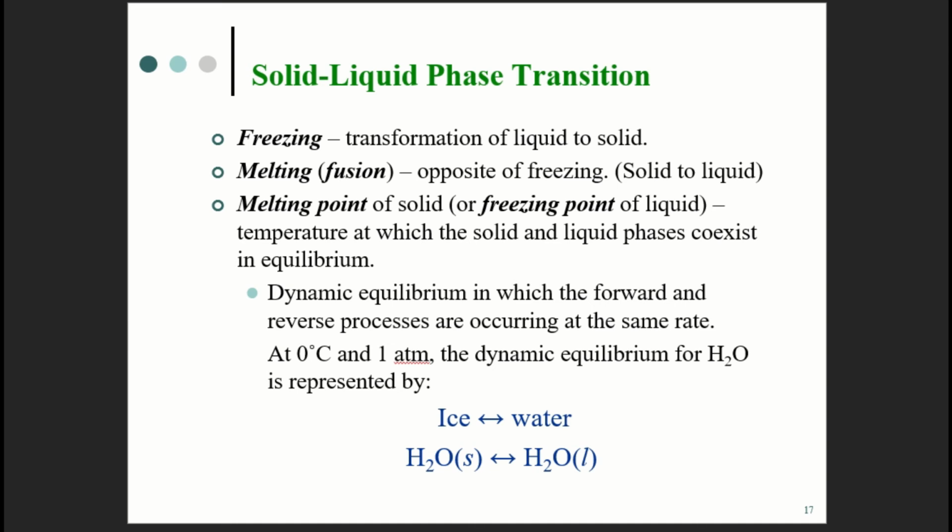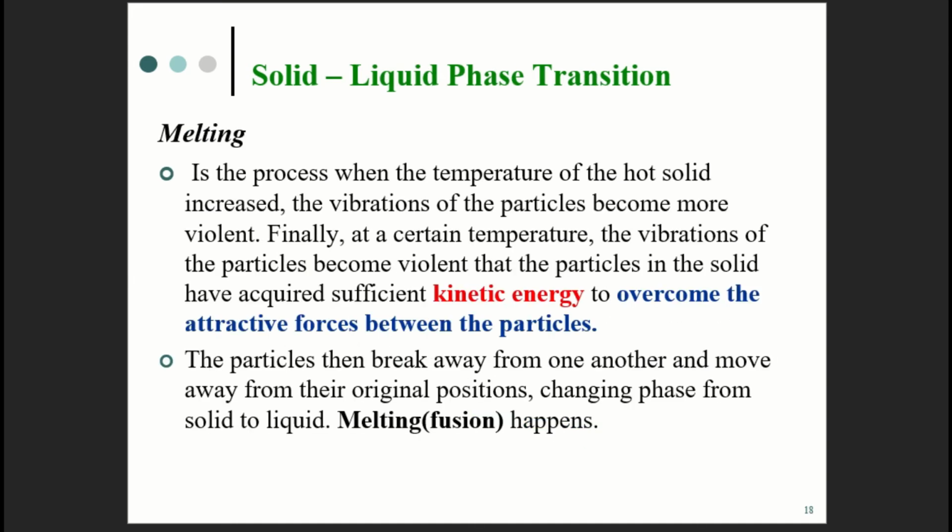Now, the opposite, the solid to liquid phase transition, is what we call melting or fusion. Melting is the process when the temperature of a hot solid is increased. Because it is hot, the solid particles acquire energy.